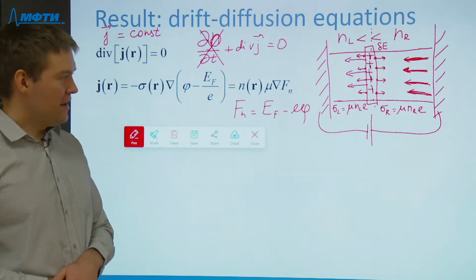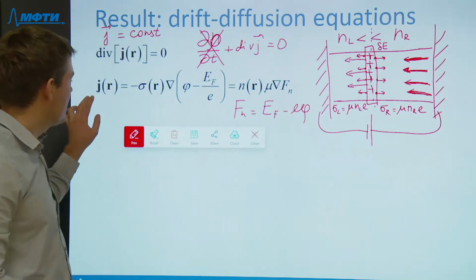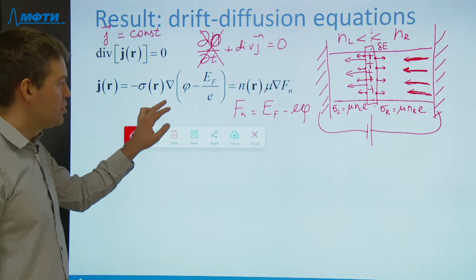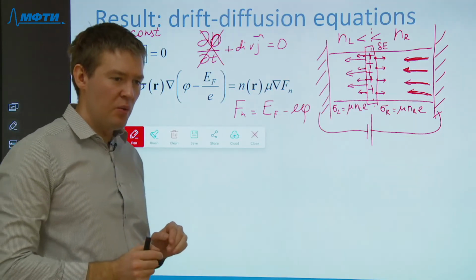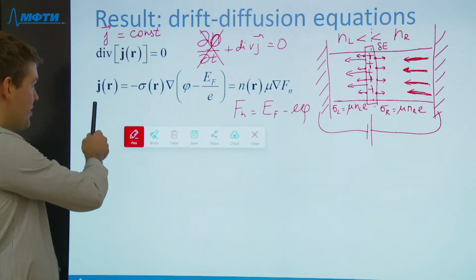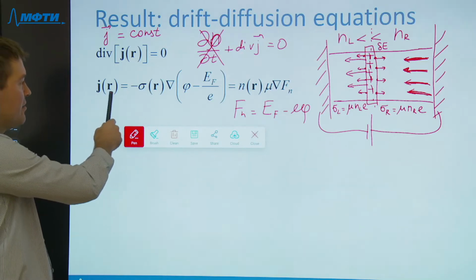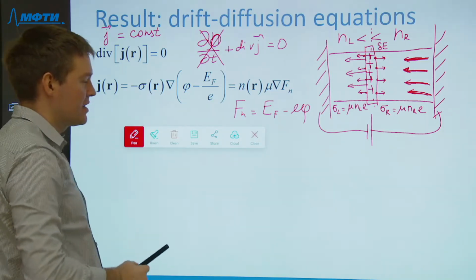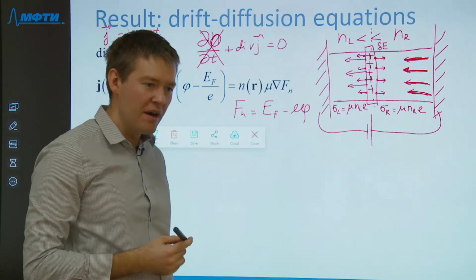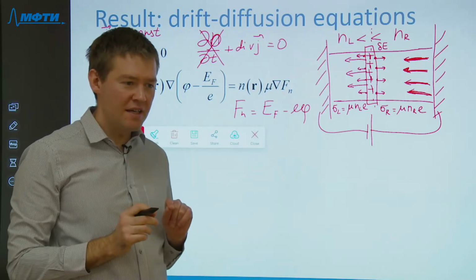So, indeed, this equation, like the local Ohm's law, should be considered with great care, because for the first time we have written down that the current at a given point should be proportional to the conductivity at that given point. But this situation is initially unsteady.